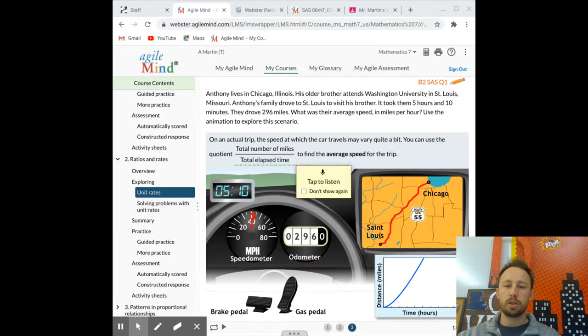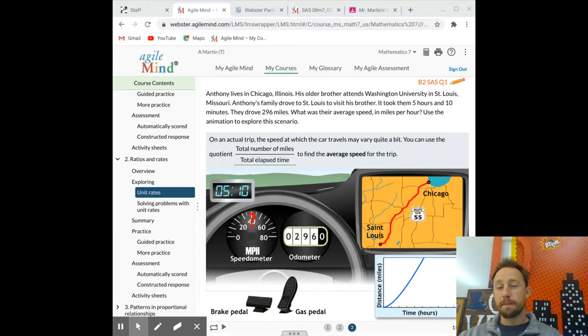Correct. So we got to take 296 and divide it by what, Kaylee? How long did they drive for? We said 5 point what?